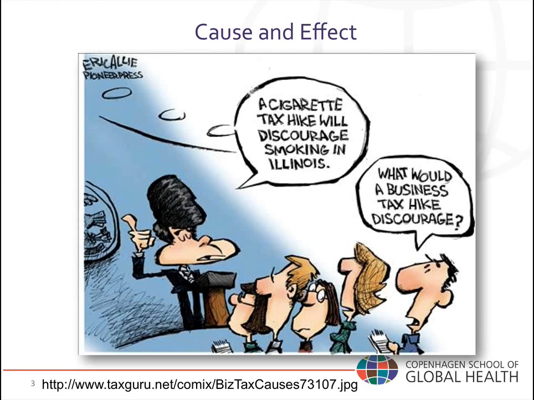So if that's the case, then of course you know the argument against the tax hike. We need to urgently sort out what is cause and effect, or what is not linked.